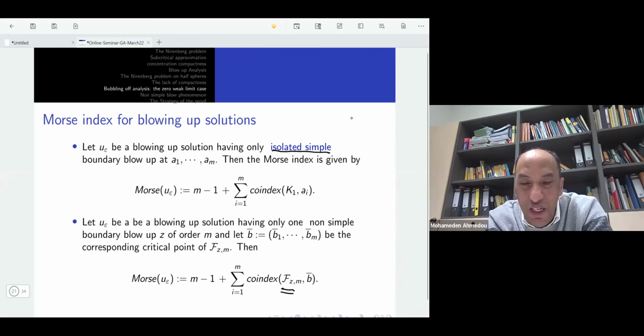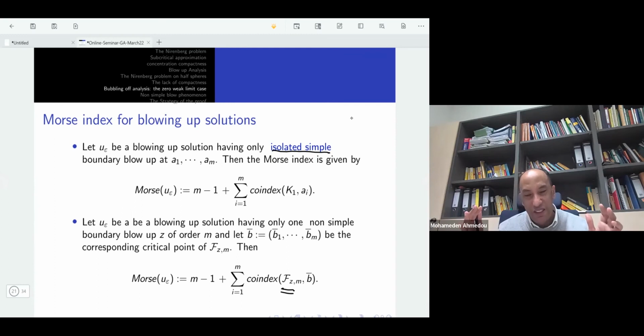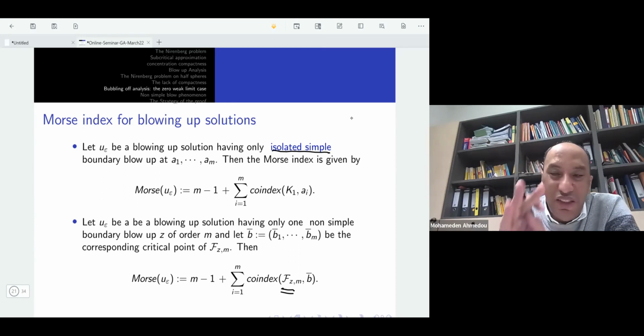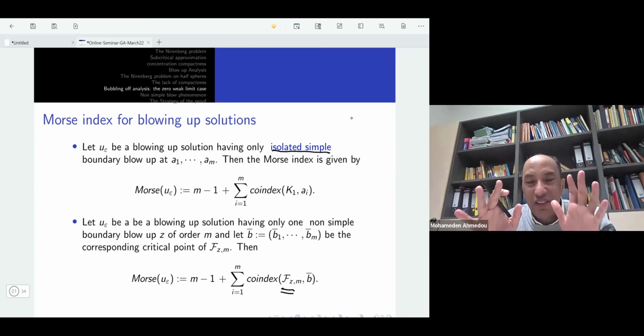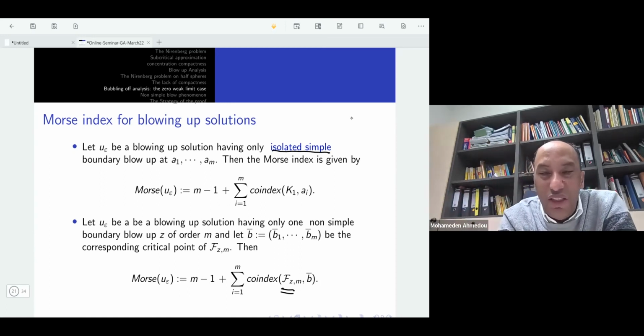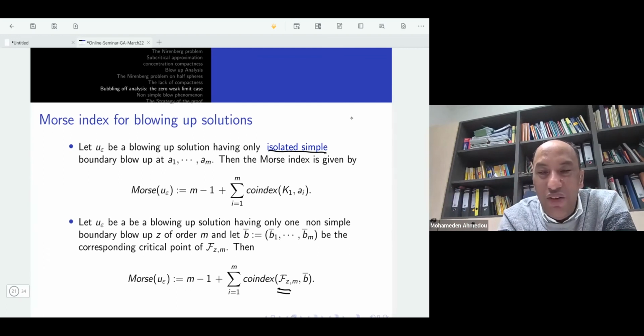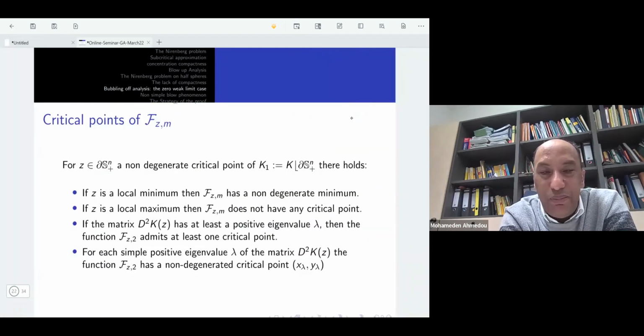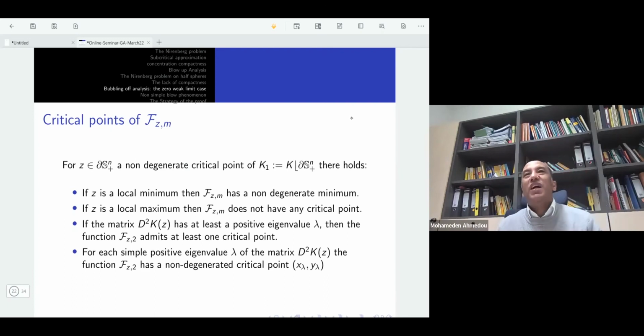So this function here appears because we did this scaling, but actually it is more relevant, because if you want to compute the topology, then you have to use this function here. So it is inherent to the problem. This is something which is canonically defined by this problem here. Now the next question is: what about the critical points of this function here?